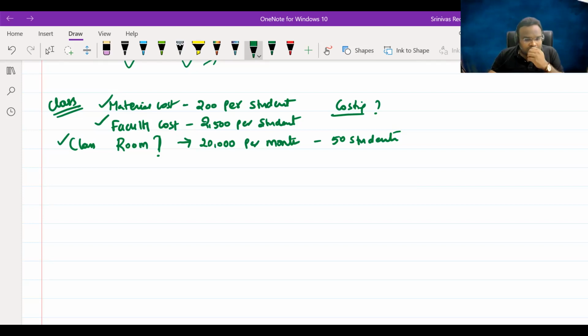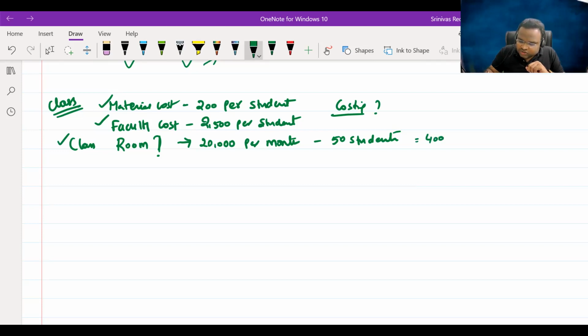Or let us assume one student has called me and I say, yes, I have some costs in my mind. Material cost is 200. Faculty is 2,500, you need to pay. Rental I have not discussed, not yet finalized. So 20,000 rupees per month I am paying. If 50 students come, each student should pay 400.